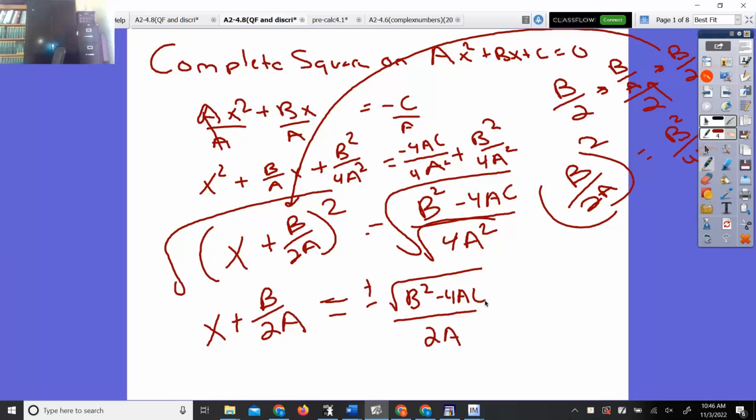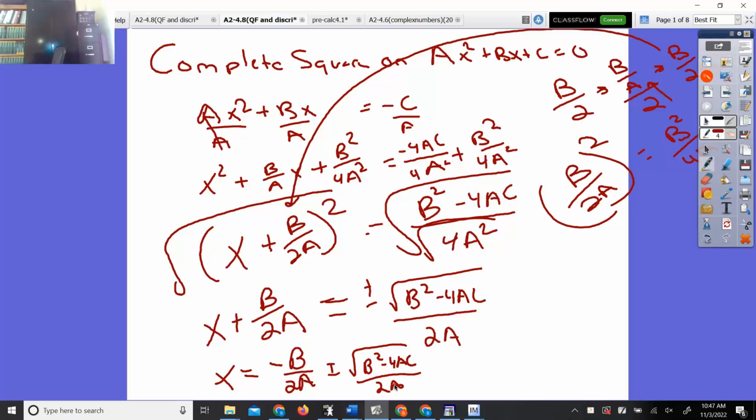How do you solve for x? Subtract. You have negative b over 2a plus or minus square root b squared minus 4ac all over 2a. Those two fractions have the same common denominator.